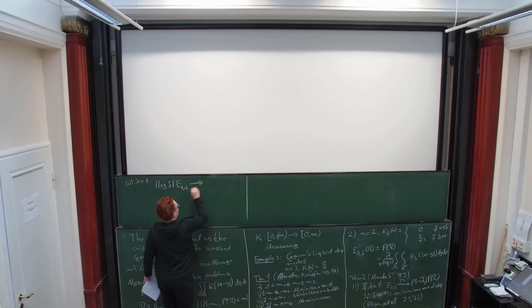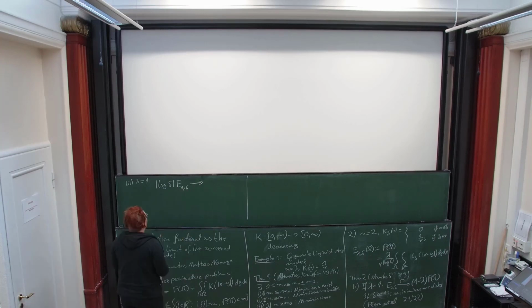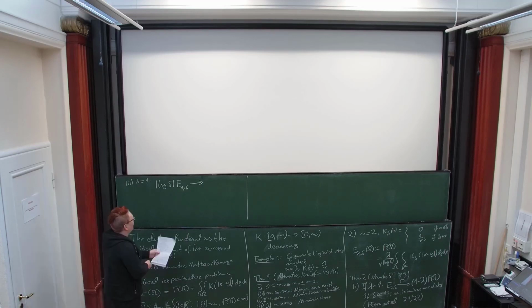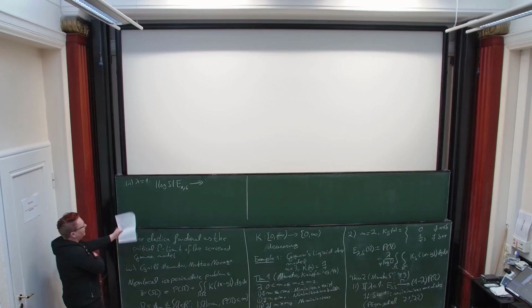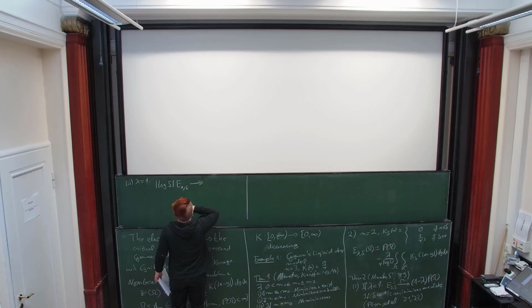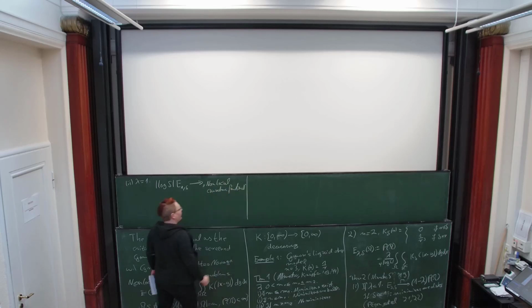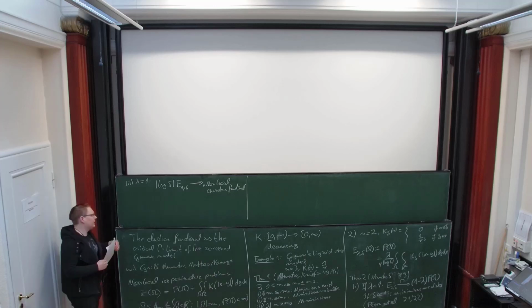And let me not be too precise here because the formula is a bit long. Basically, this converges to something I would call a non-local curvature functional, well, in the form we have written it down.